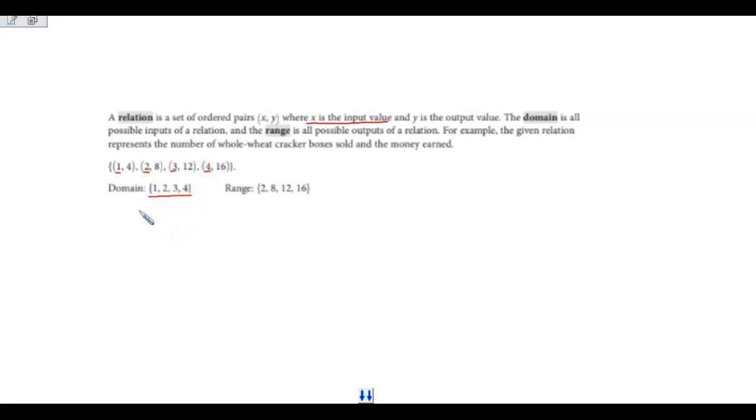It's all that's listed. Our range is all of our y values. And so if we look at our y values, we have 4, 8, 12, and 16. And so this is our range.